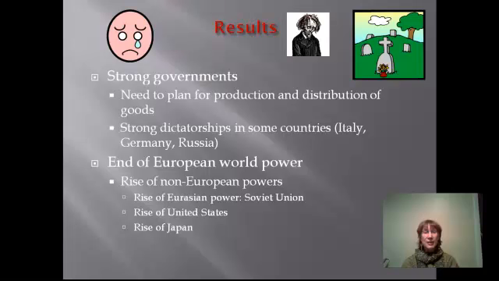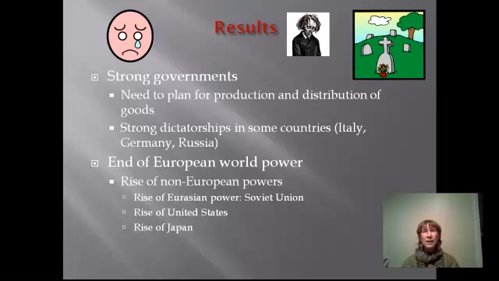We see the newly formed Soviet Union, we see the United States, and we see the emergence of Japan also. So these three countries that are not European, Russia being Eurasian, have become more powerful as a result of the war.